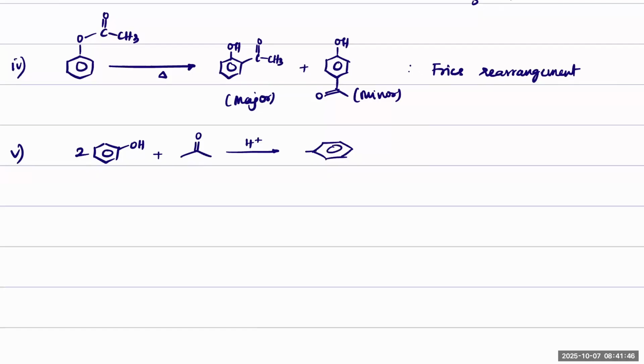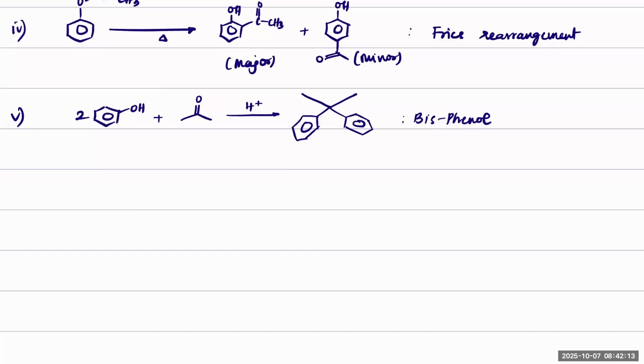So we put it like this. From this side, we can have two compounds, and here also you can have two compounds. This is called bisphenol. So OH and OH will be here.